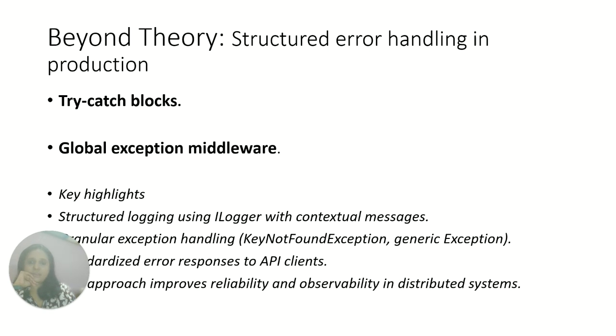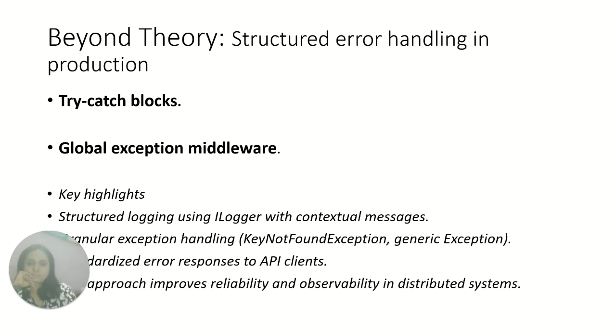Structured error handling and logging is something we look at in this slide. Try catch blocks can be used for handling local exceptions, and the global exception middleware can be used for generalized exceptions. And to catch specific exceptions, we can add a custom middleware as well.